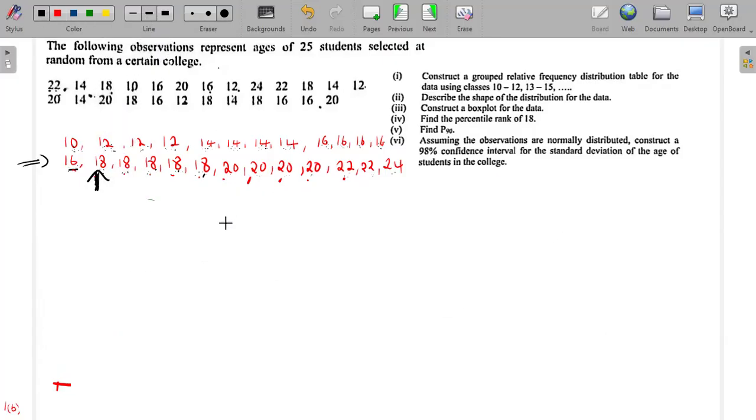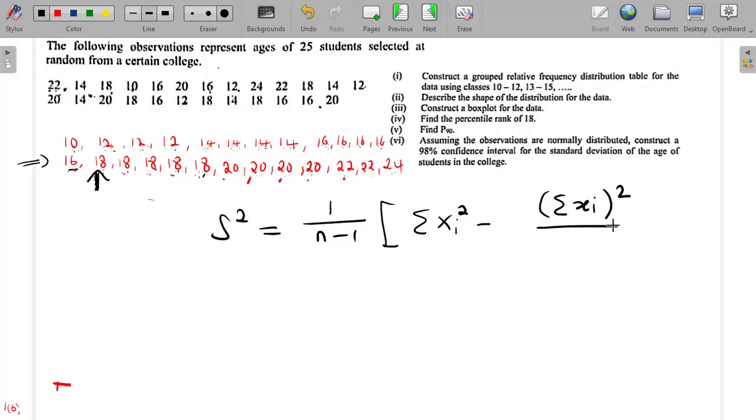For the standard deviation, we first have to calculate the variance, and this is for the sample. The formula is 1 over n minus 1, times the summation of all the xi squared minus the summation of xi, squared, over n.